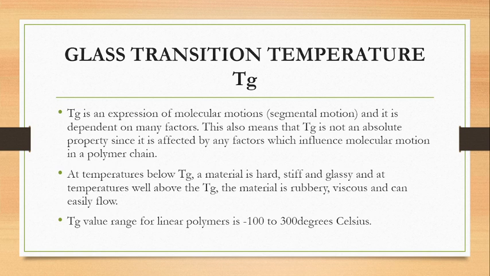Tg will not be defined if molecular motion has not taken place. So it means that Tg is dependent on the molecular motions. Now, these molecular motions are influenced by factors that are going to affect the segmental motion in a polymer. Then they are going to affect the transition temperature.